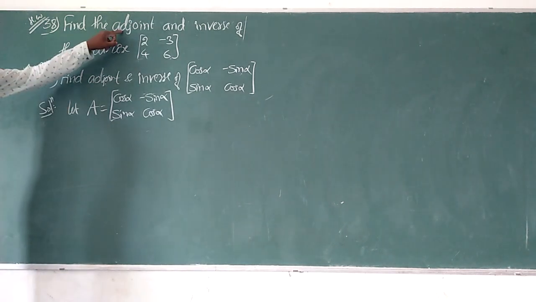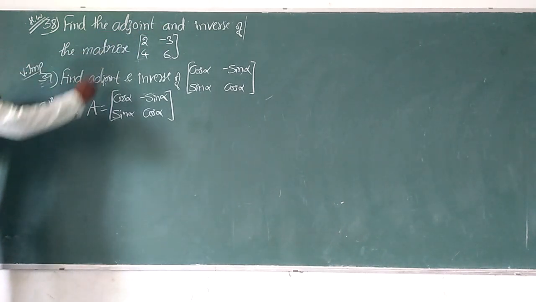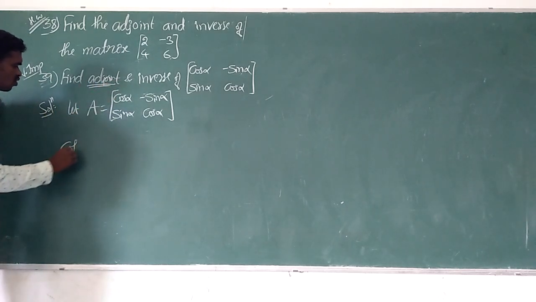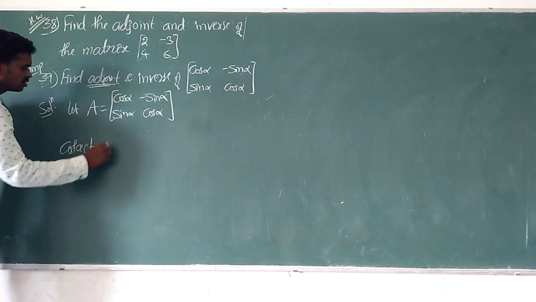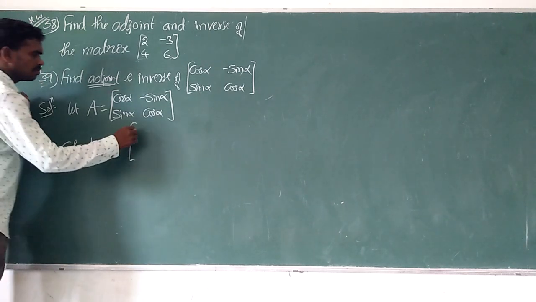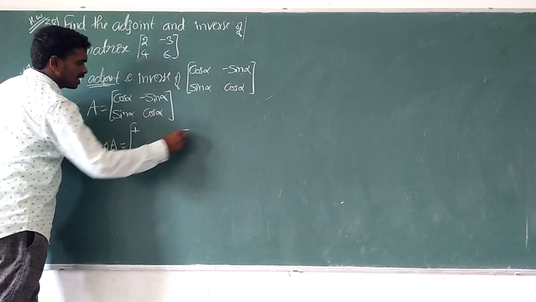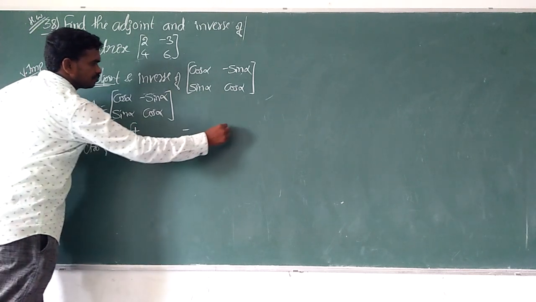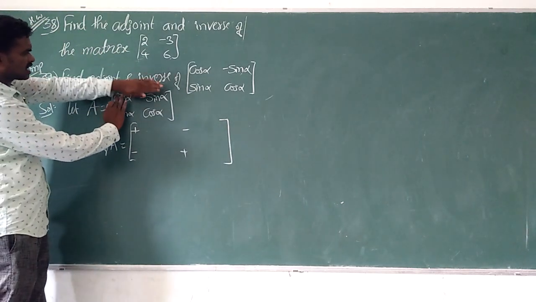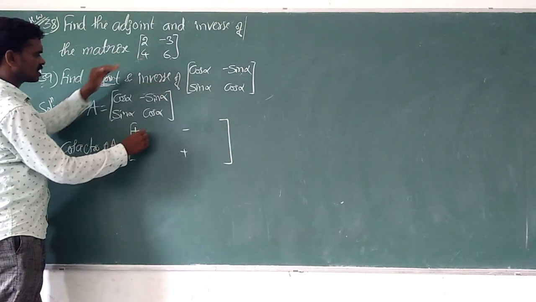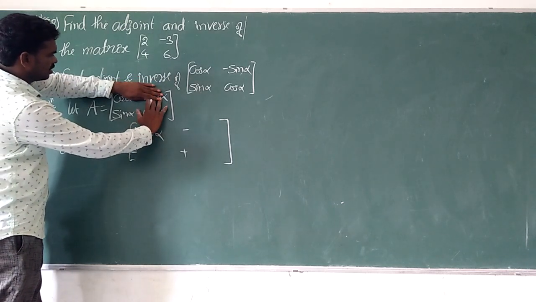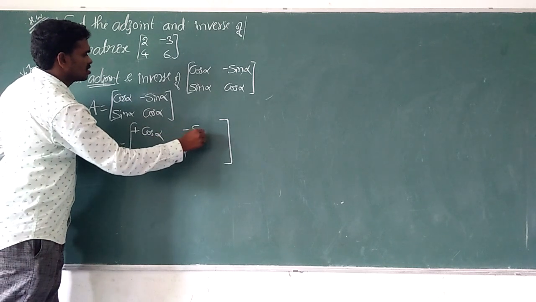For this, we should find the adjoint and inverse. To find the adjoint, first of all we should find the cofactor matrix. How to find cofactors? Signs plus, minus, plus. For the first element cos alpha, the remaining element is cos alpha. Second element minus sin alpha, third element sin alpha.